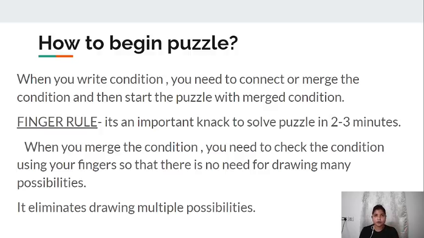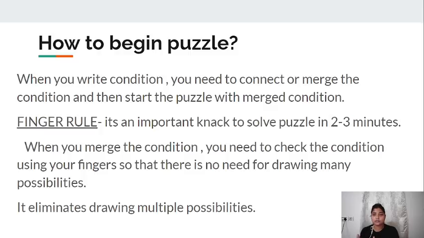It will require a lot of time, because you need to memorize many conditions at once. We will see further, while solving the puzzle, how to use the finger rule. We need it because it eliminates drawing multiple possibilities. You will be able to solve the puzzle by writing a single possibility.